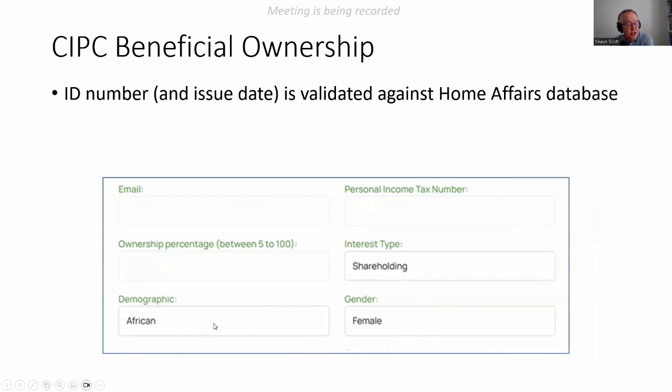I don't know if they're picking up demographics from the Home Affairs database, but certainly demographics is included in this declaration and updated in the CIPC database. Let me just quickly check, there are some comments being raised.